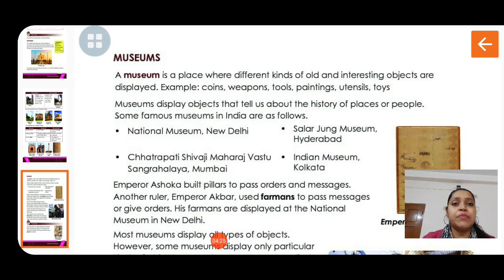And some famous museums in India are given as examples, like National Museum of New Delhi, Chhatrapati Shivaji Maharaj Vastu Sangrahalaya Mumbai, Salar Jung Museum Hyderabad, Indian Museum Kolkata.